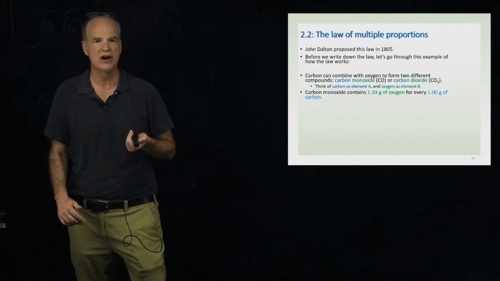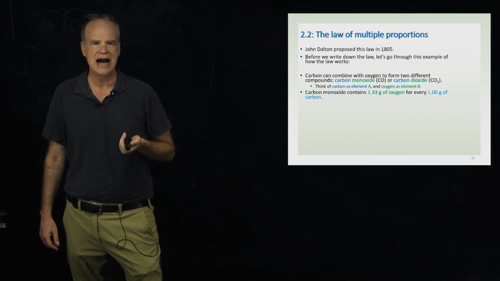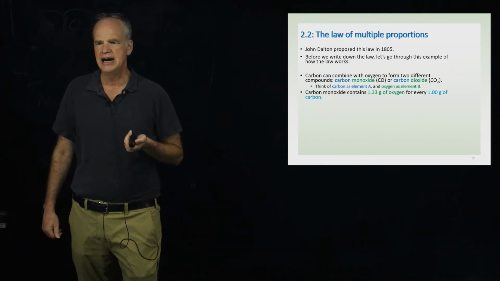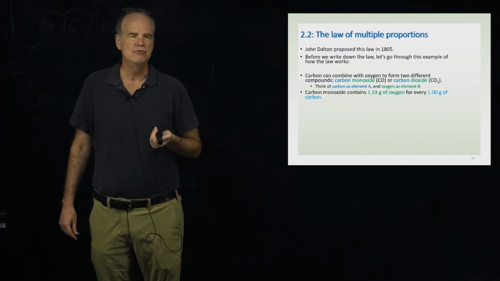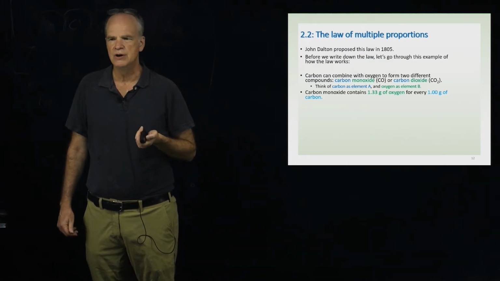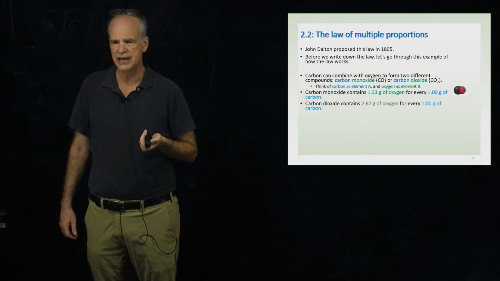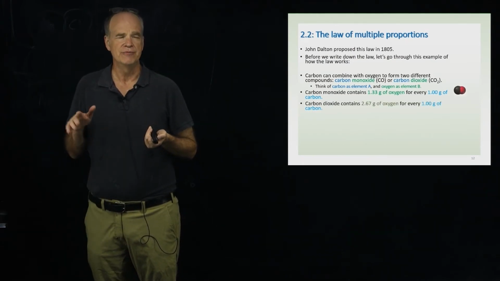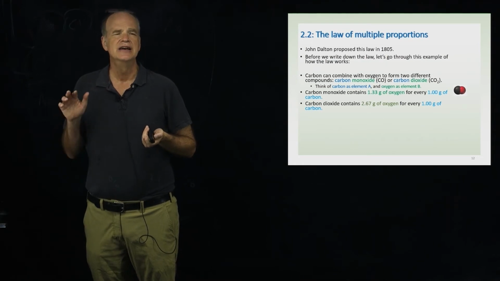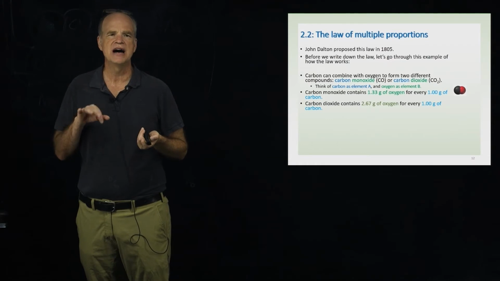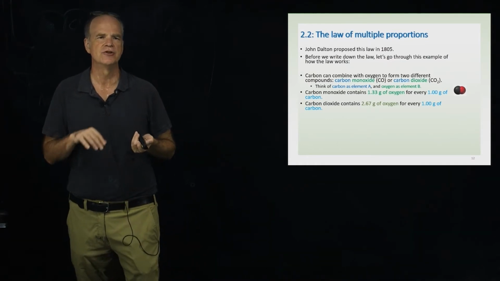Now, let's say you were able to weigh out the oxygen that is bound to carbon in this compound. What you would find is that for every 1 gram of carbon, you have 1.33 grams of oxygen bound. And again, this is because carbon monoxide has one atom of oxygen bound to one atom of carbon, and as you might imagine, the oxygen is a little bit heavier.